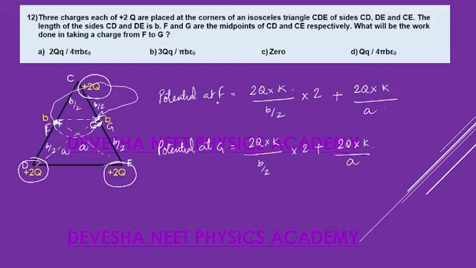Now, if you compare the potential at F and the potential at G, you see they are the same. The magnitude of the potential at F is the same as the potential at G. So the potential at F is equal to the potential at G, which means there is no potential difference.